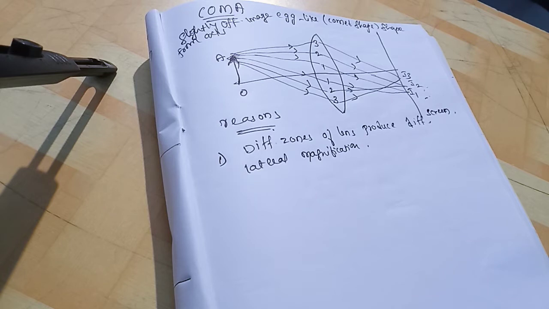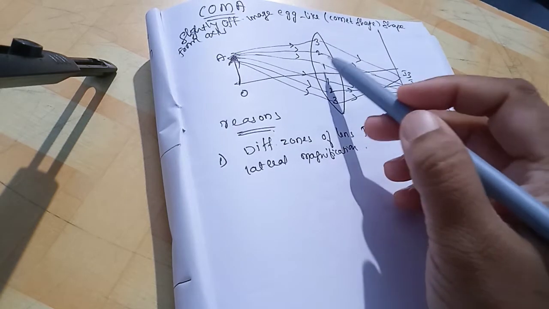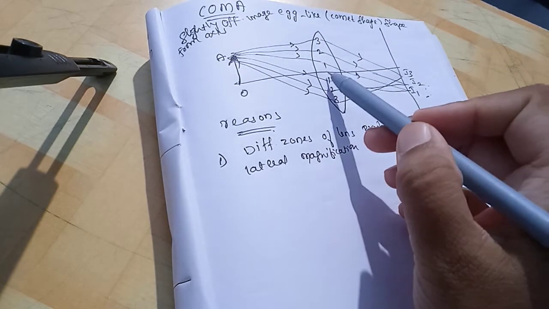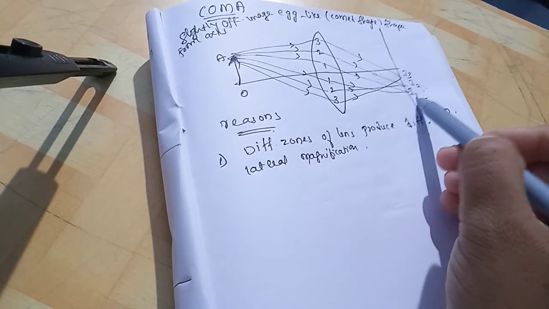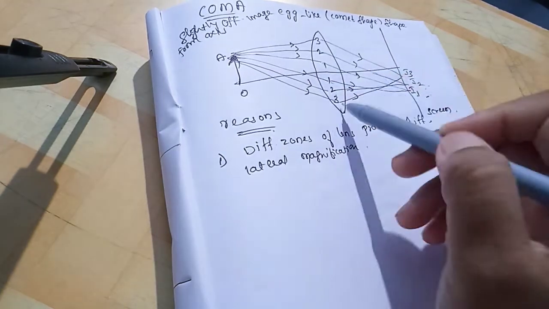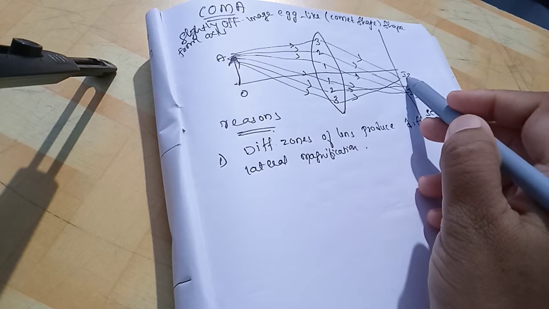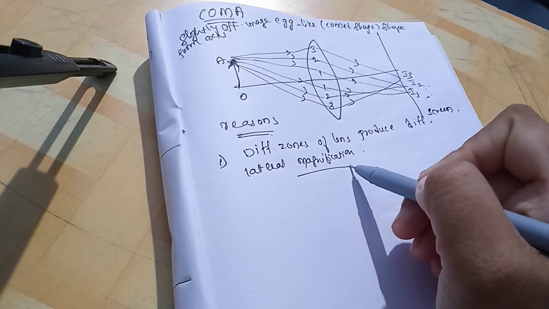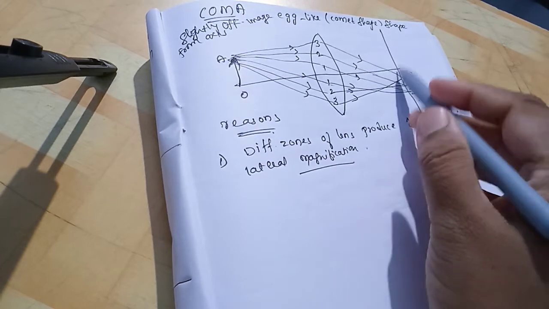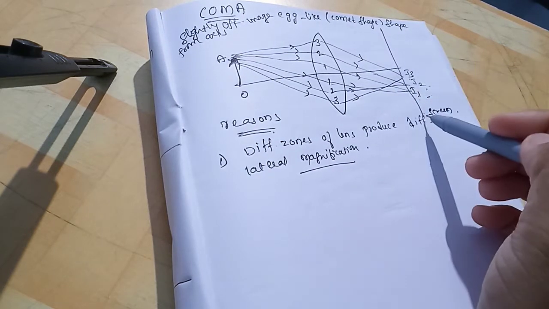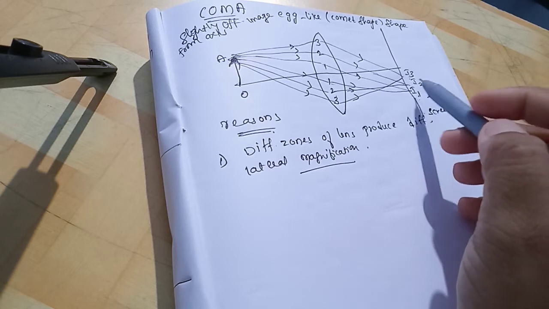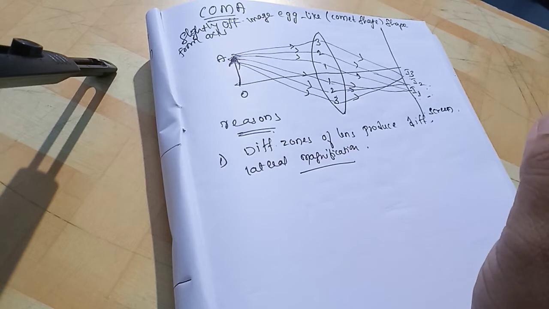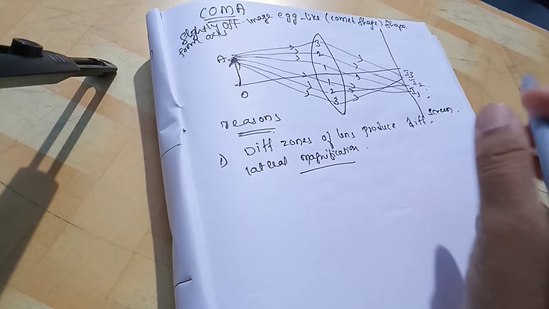Due to that, the rays passing through zone 1, 2, 3 are focused at I1, I2, I3. As they have different lateral magnification, they focus at different points on the screen. So the image is not perfect or sharp at one particular point. This is one reason.